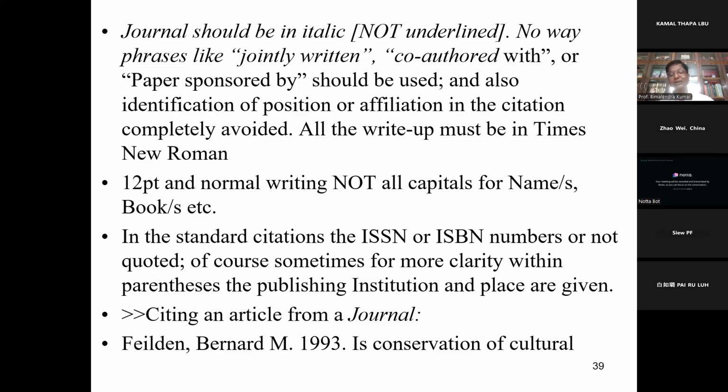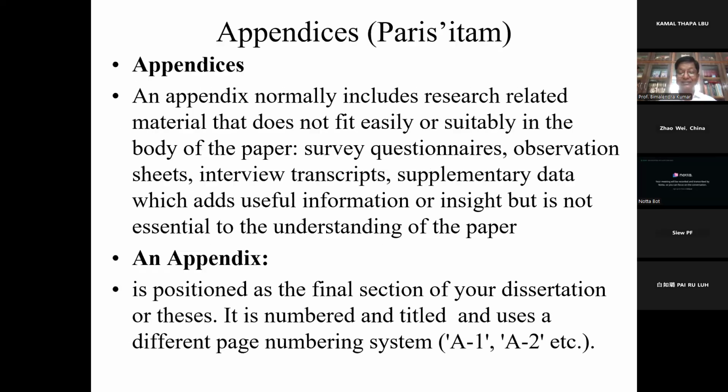Citing an article from a journal: generally, in the bibliography, you quote Fieldman, Bernard M 1993, then the title of the paper and the name of the journal. We will give you some examples.